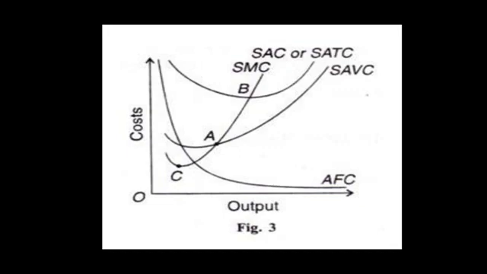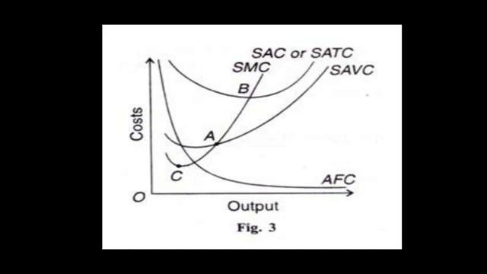As we already studied, the law of variable proportion tells that when the quantity of one variable factor is changed while keeping the quantities of other factors fixed, total output initially increases at an increasing rate. Both average product and marginal product of the variable factor increase in the initial stage. Hence, initially average cost and marginal cost fall with increase in output.